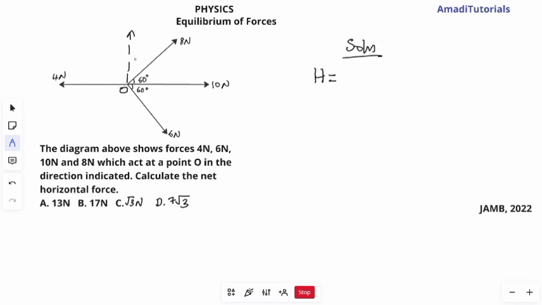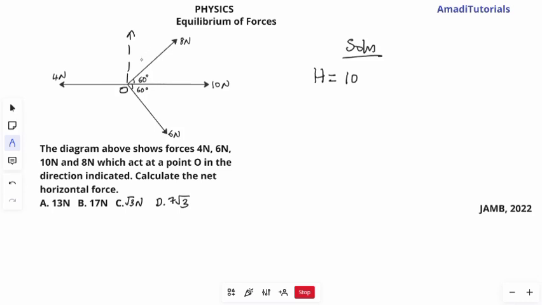Now you see the 8 Newton force, 10 Newton force, and 6 Newton force are acting towards the right direction. So if you resolve them into their horizontal components, they will be adding up, not subtracting. The 10 you can just write as 10, because it has no vertical component and nothing to resolve.